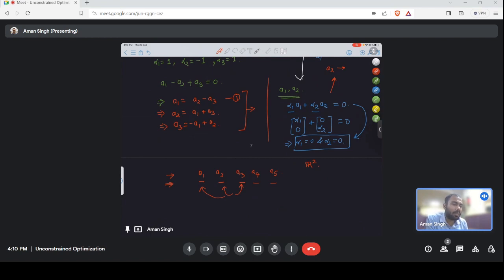In the end, we are only left with the linearly independent vectors. So the minimum number of vectors required to span R square is the minimum number of vectors required for the set to be linearly independent. They both are the same.